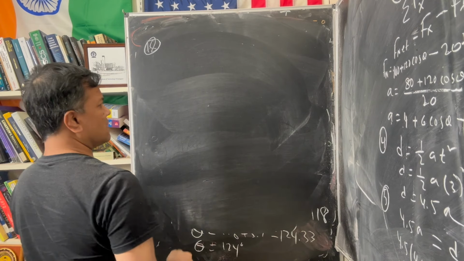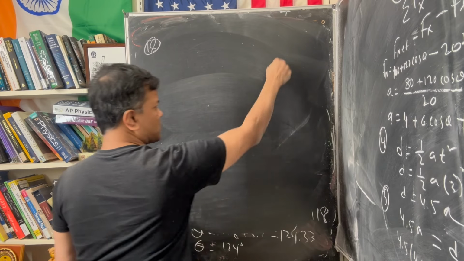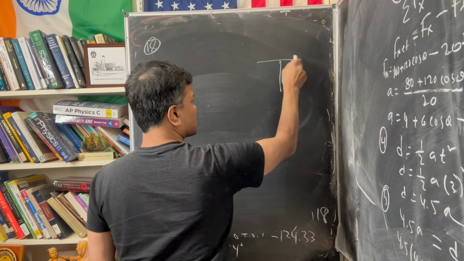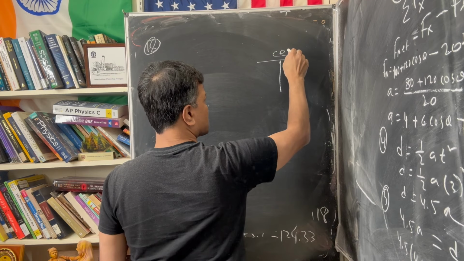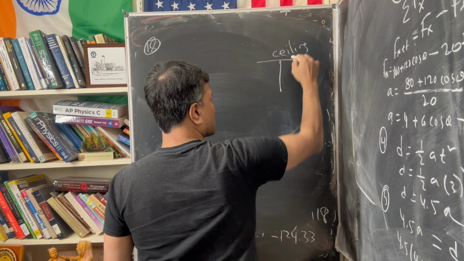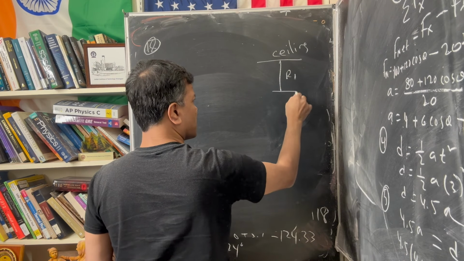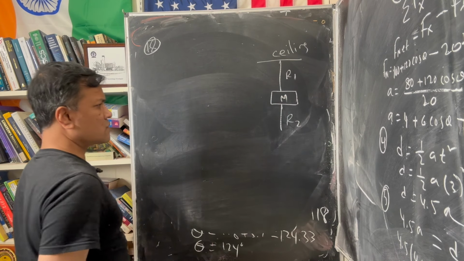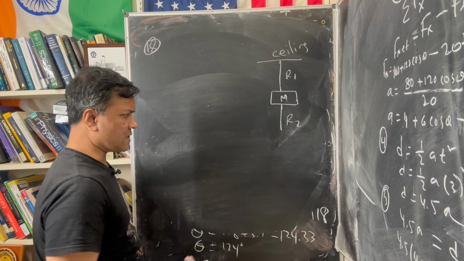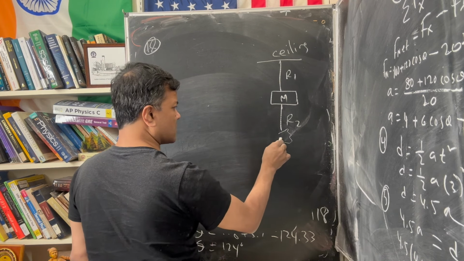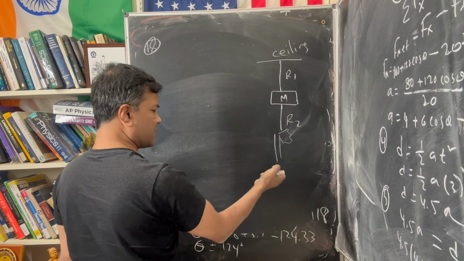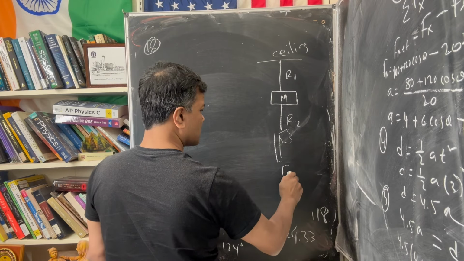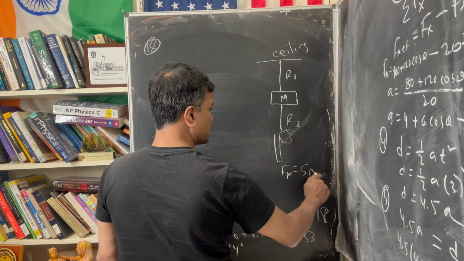Problem 18: so there is a rope. This is the ceiling. This is rope 1. This is the mass. This is rope 2. So you're going to draw. What I did, I apply some force downward. I grab it and pull it down with 5 Newton.